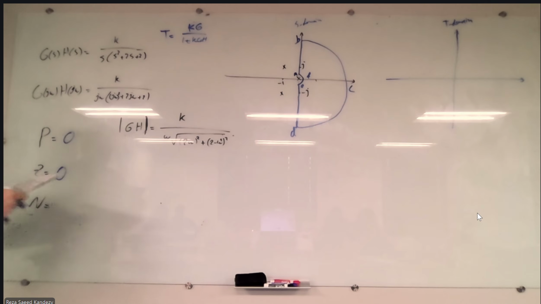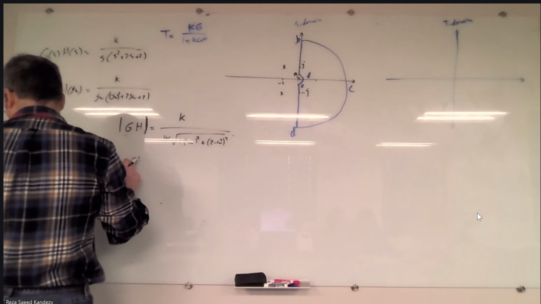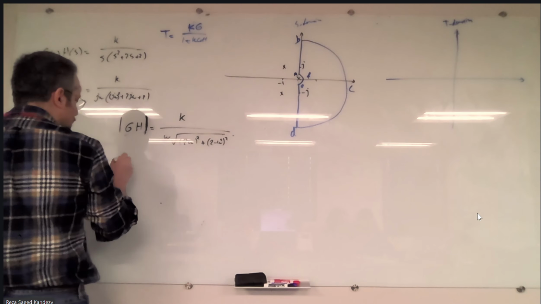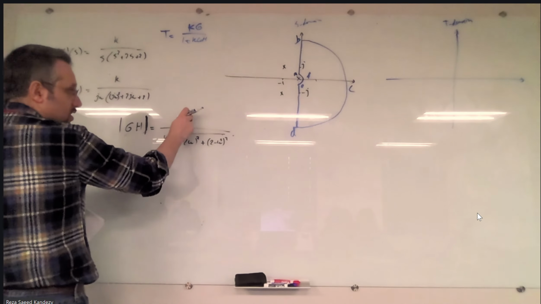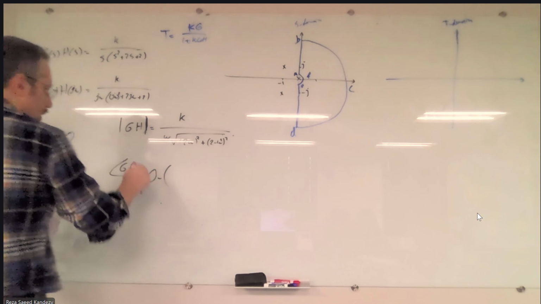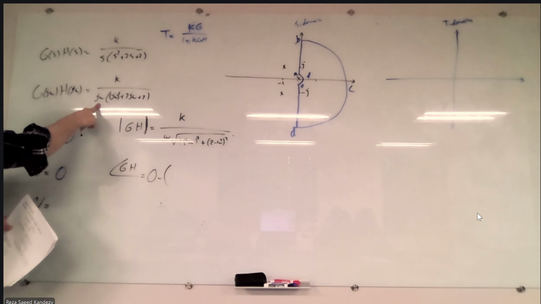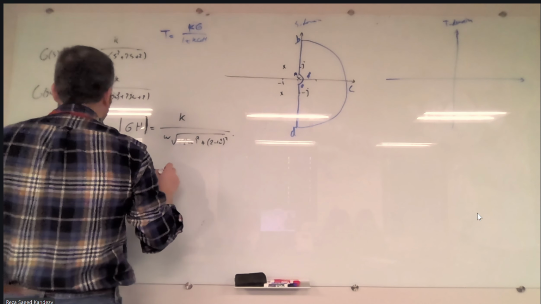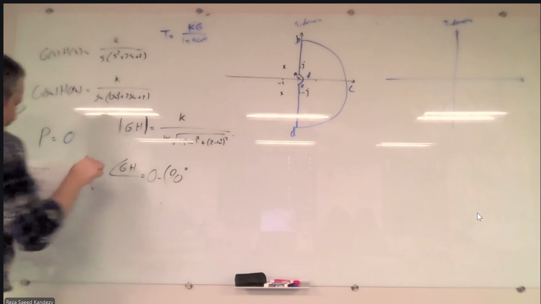Good? For the phase of this GH, we are going to have 0 minus 90, because this is j omega, so it's going to be minus 90 degrees, okay?